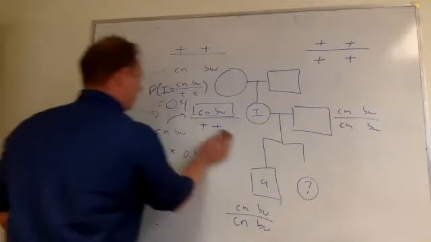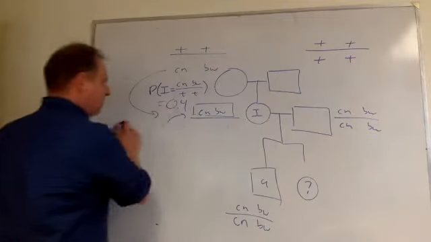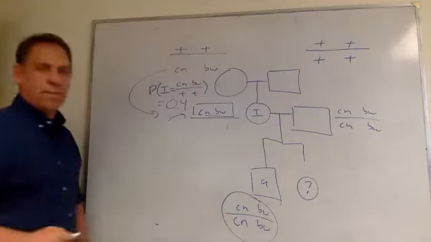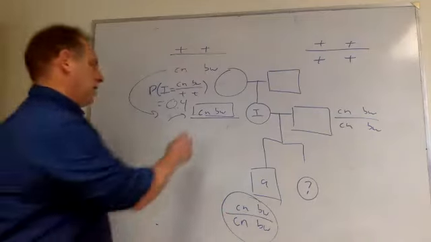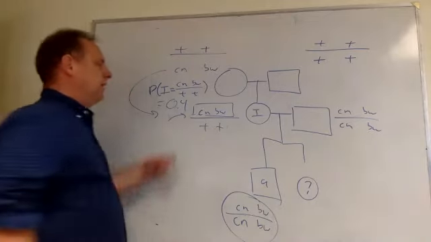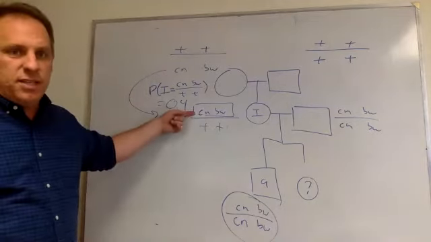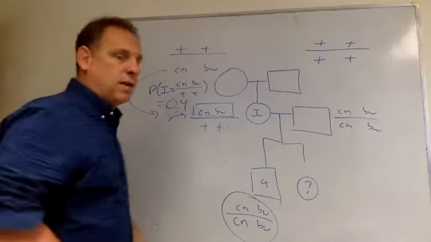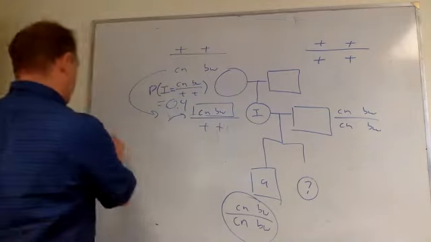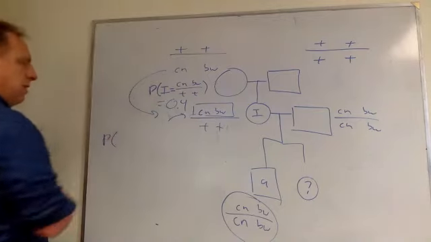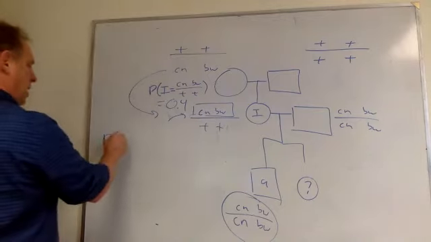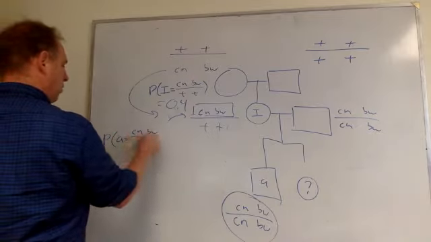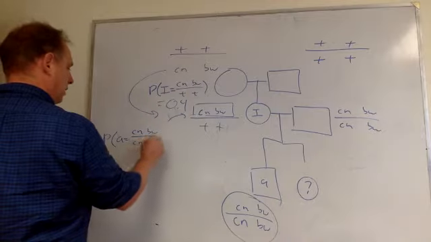So what we're going to do here is say the probability that this individual has this particular genotype depends on whether this configuration is in this individual or not. So we ask: what's the probability that individual A is Cinnabar Brown over Cinnabar Brown?